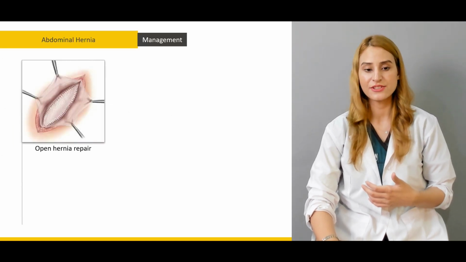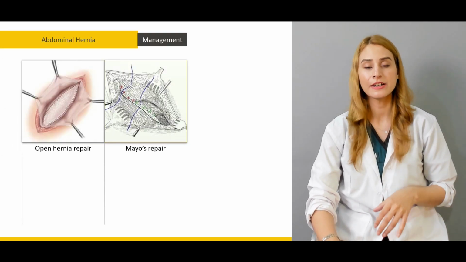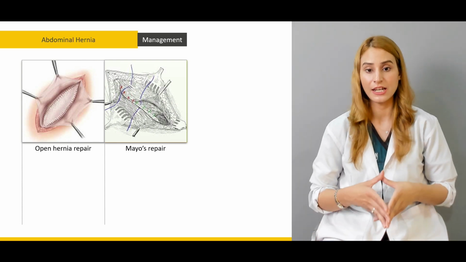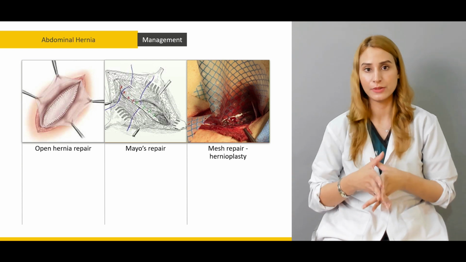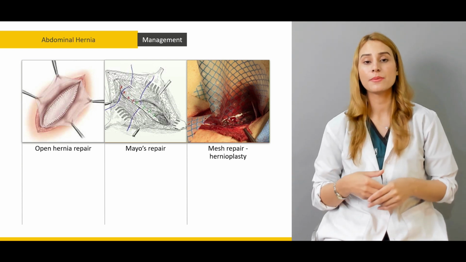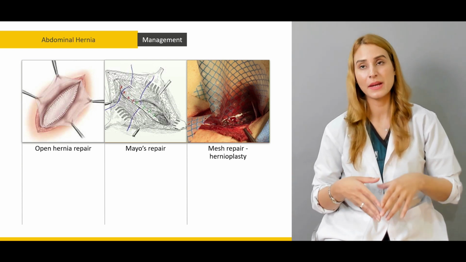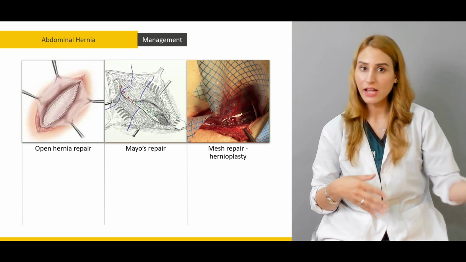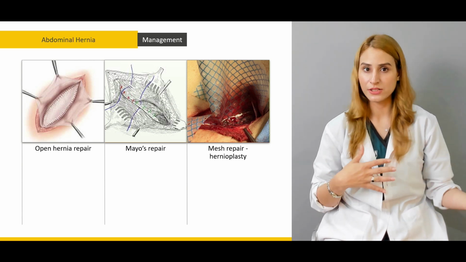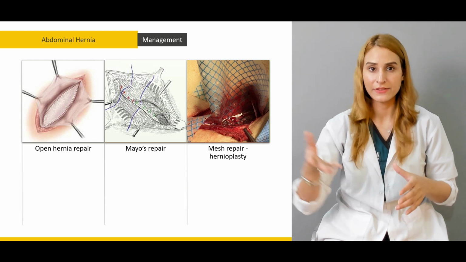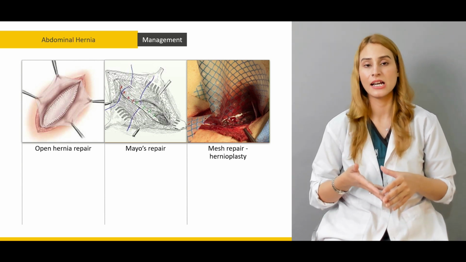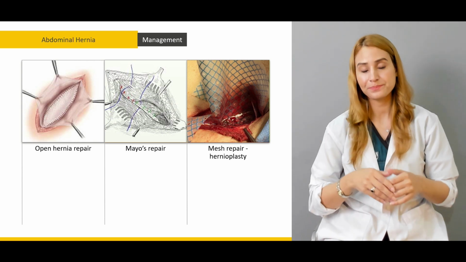Regarding the management strategies, there can be open hernia repair, there can be Mayo's repair, and there can be mesh repair, hernioplasty, right? First of all, we talk about the open hernia repair. It was basically a classical old modality used for that. We give a transverse incision in the midline and open the layers.